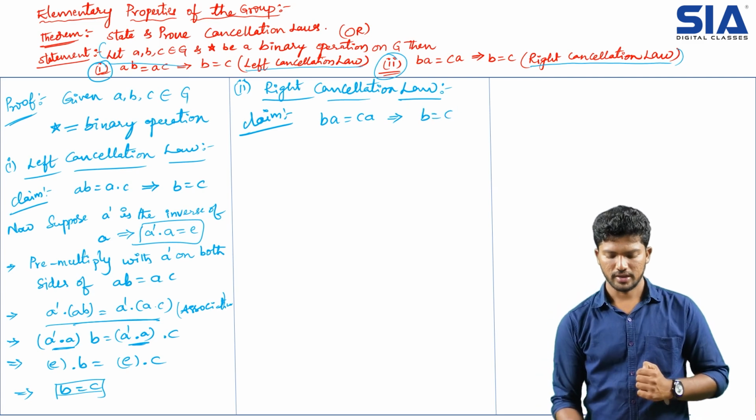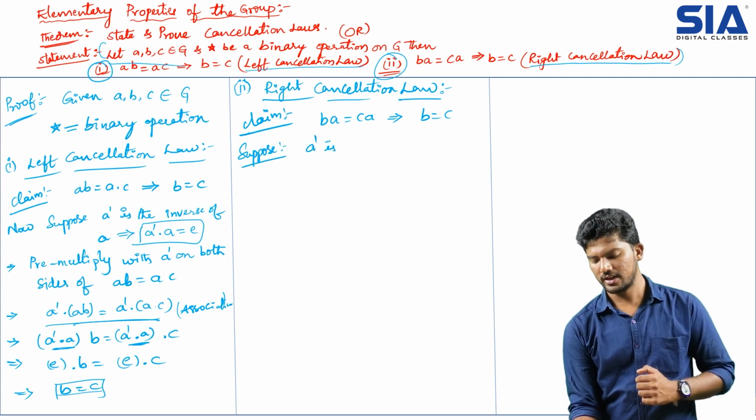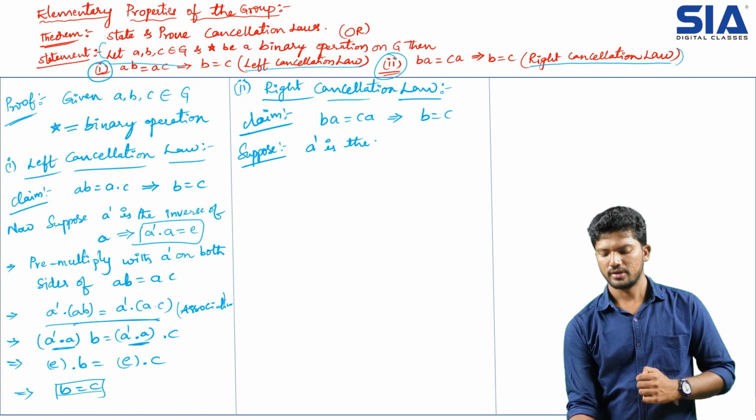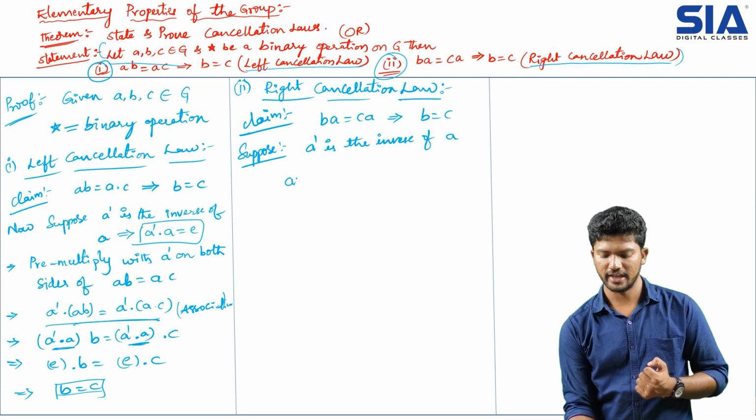Now suppose, with the same process, a dash is the inverse of a. Clearly, a dash into a is equal to small e.